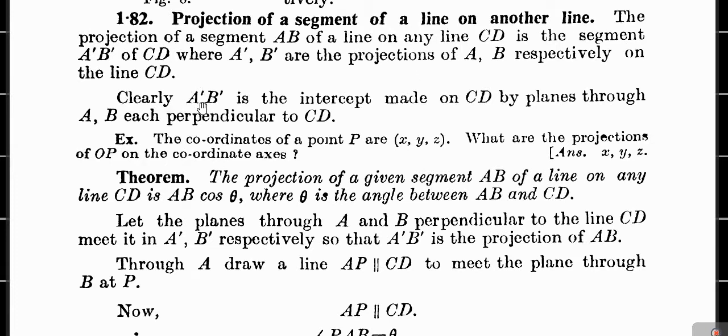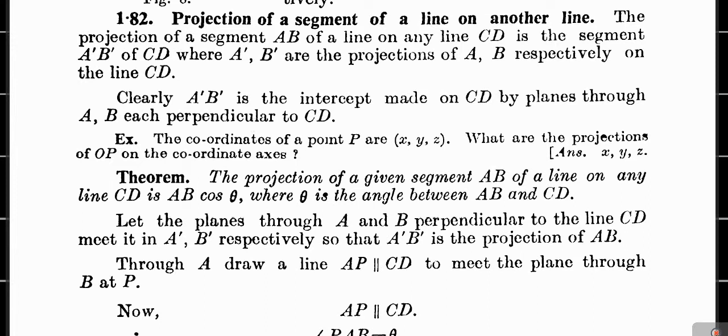Next, A'B' is the intercept made on the line CD by planes through A and B, each perpendicular to CD. What does this mean? By the explanation which we have just seen using the figure, it is clear that if we have to find the projection of line AB on the line CD, then first of all we will find the projection of points A and B on the line CD, and then we will get the projection of segment AB.